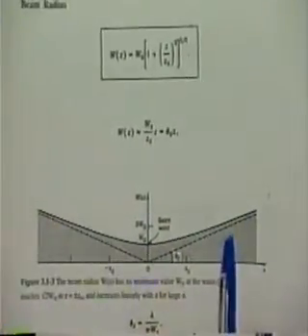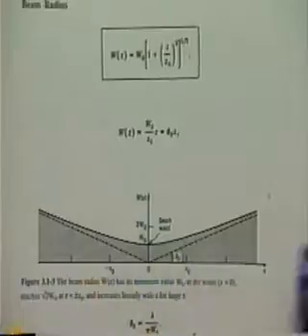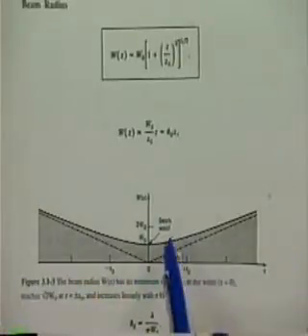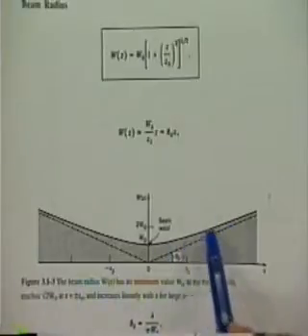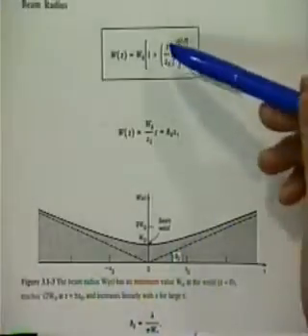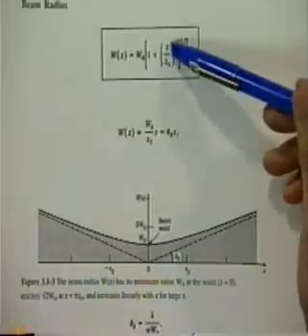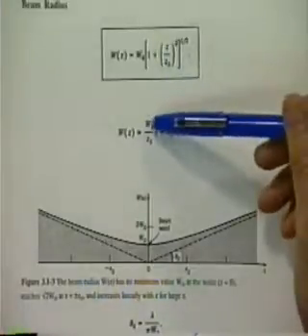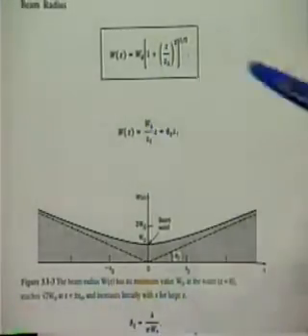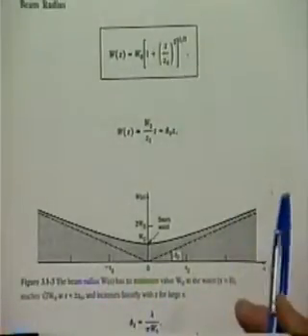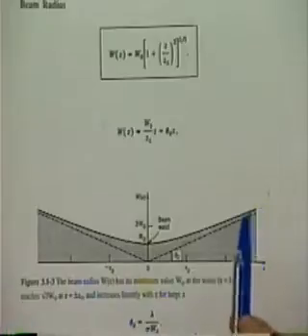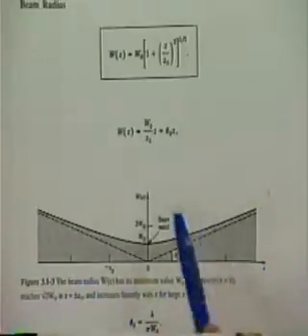At z equal to 0, it's w naught. As we go out, it approaches a straight line. If we let z become very large, then w of z is w naught over z naught times z, and that's some quantity we'll call theta naught times z.